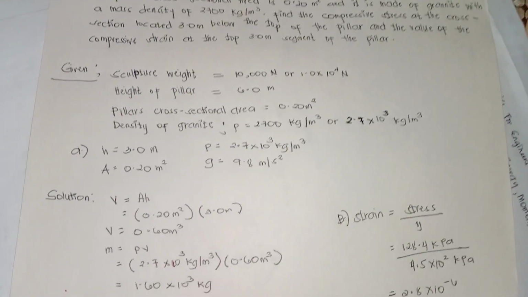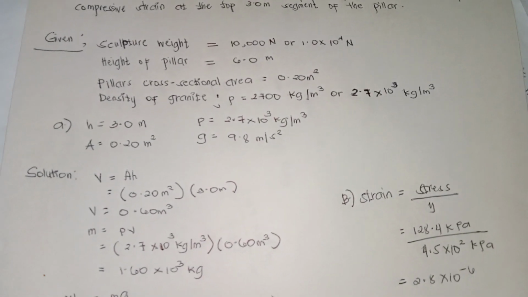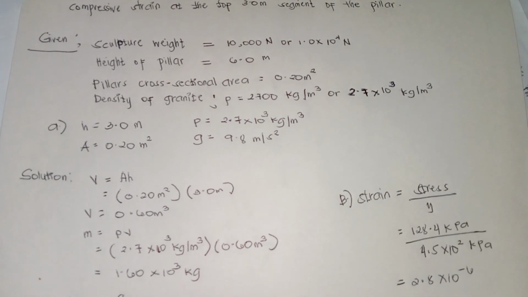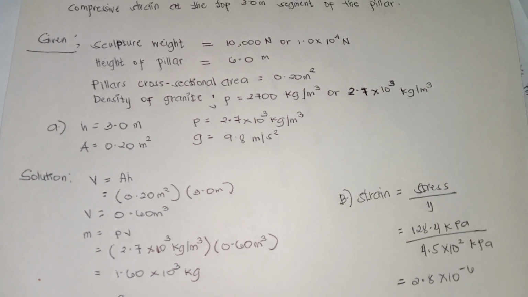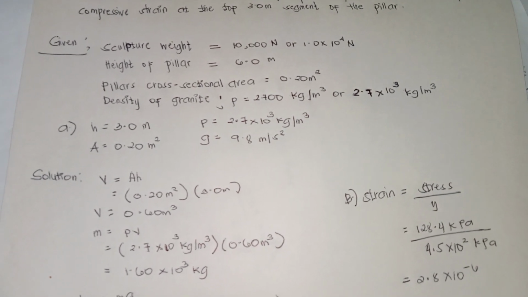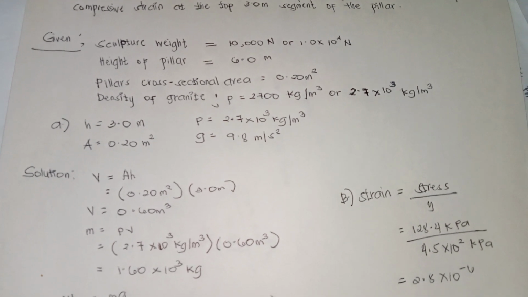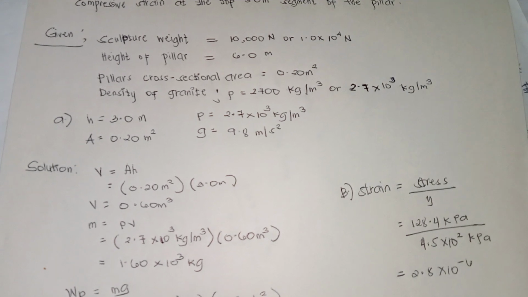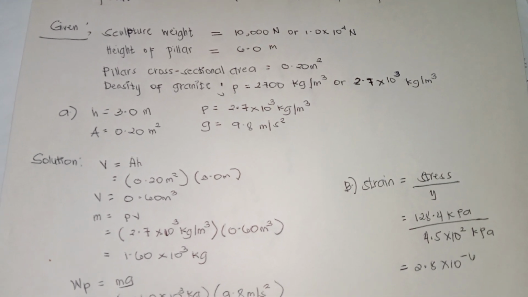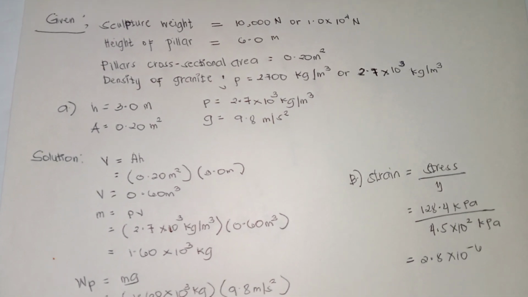So given: sculpture weight, which equals 10,000 Newtons or 1.0 times 10 to the fourth power Newtons. Height of pillar 6.0 meters, and pillar's cross-sectional area, which equals 0.20 meters squared.